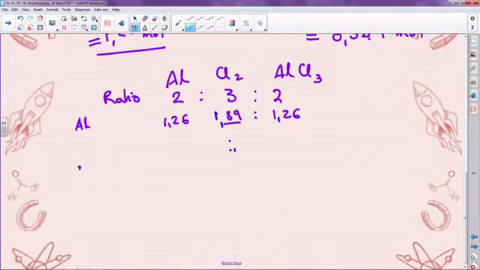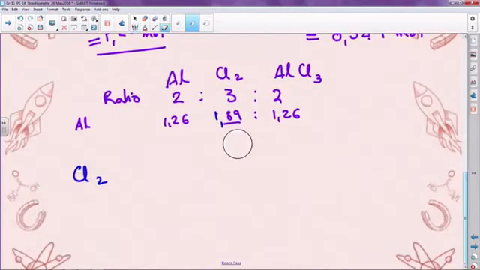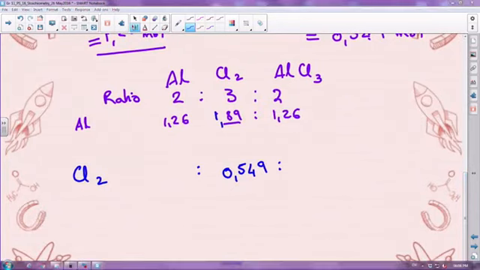Right. My chlorine ratio, we said that we had 0.549. So now my value here is 0.549. Okay. I need to do the same thing as what I did earlier.